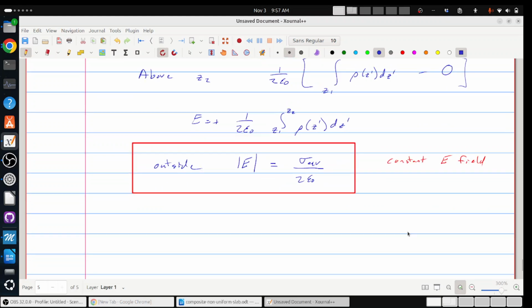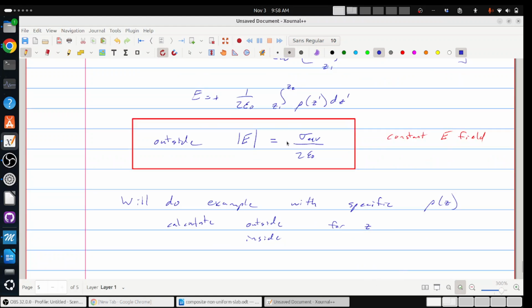Now, what I'm going to do in a different video is an example with a specific non-uniform distribution and calculate it both outside and inside, so we can find the field for any z value.